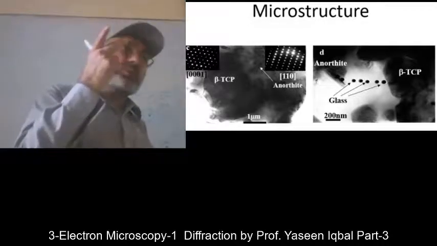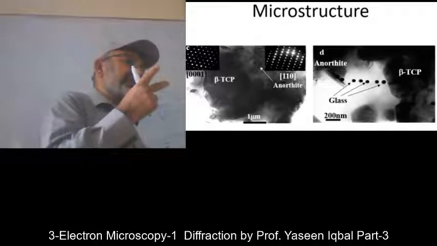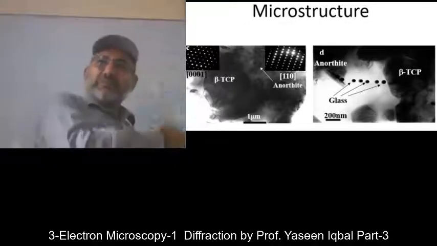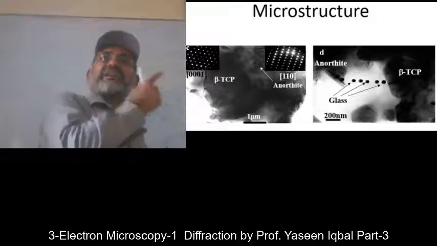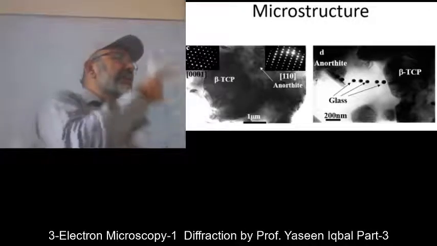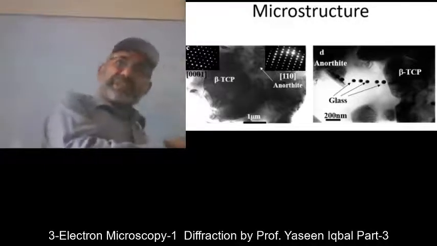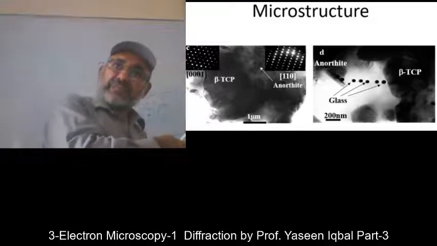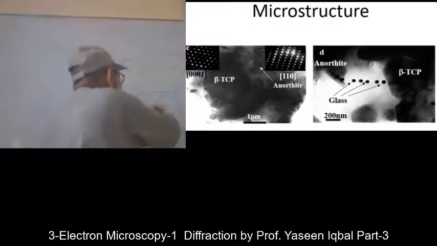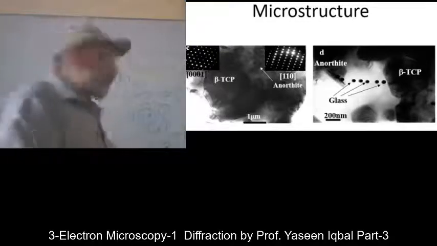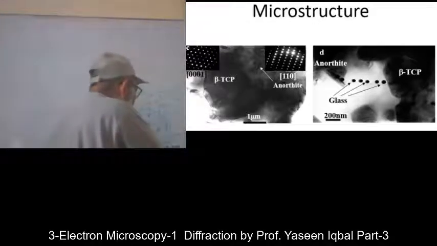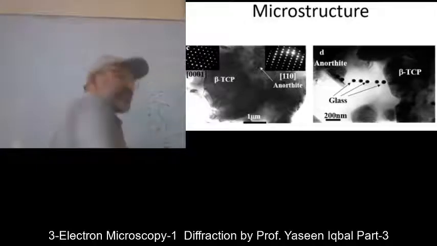So I got two significant information regarding the morphology, secondly regarding the chemistry, and thirdly regarding the crystal symmetry of the material under the beam. And when I checked here, it was showing me calcium and phosphorus. When I checked here, it was showing me calcium, aluminum, and silicon.